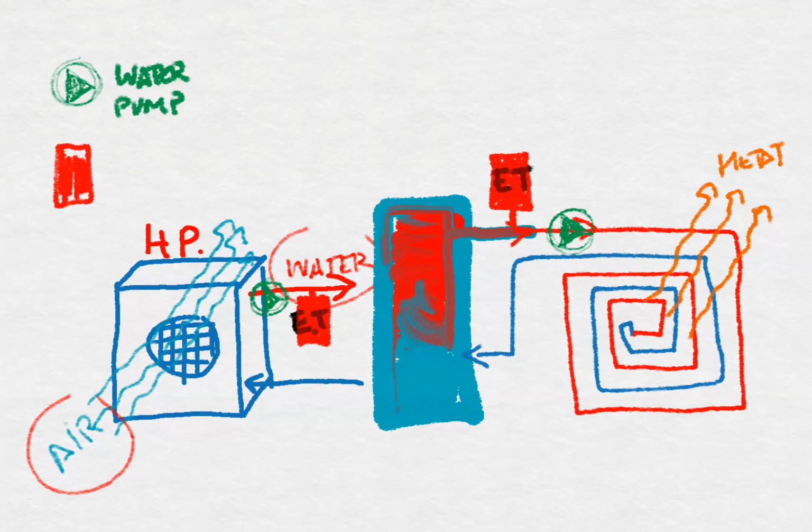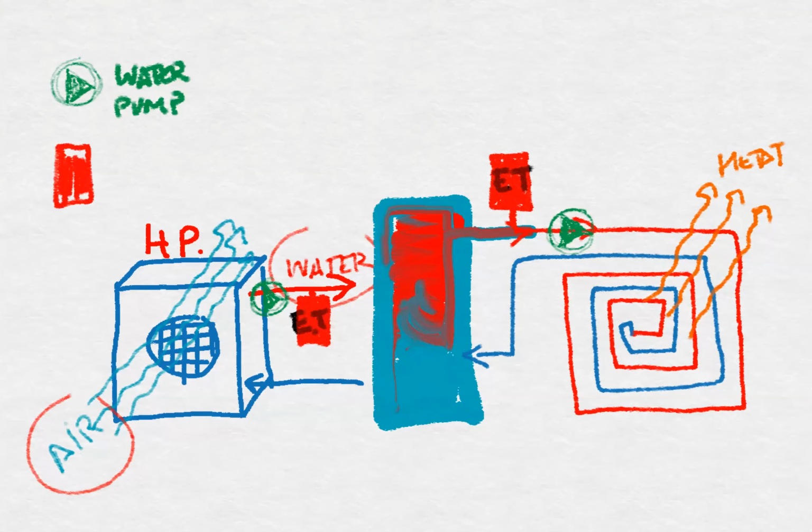Are we done? Not yet, because with this kind of thing, we can do even more. Okay, so that would be the most simple heating system if we have a house.